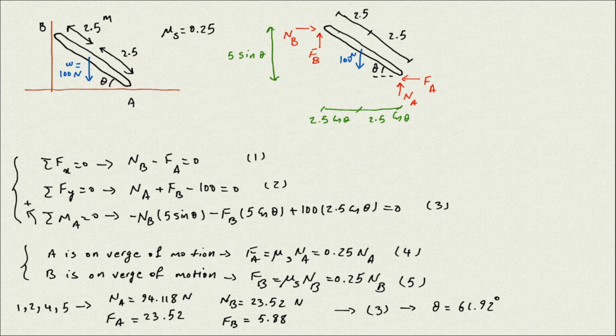Again, one more time, because all of them are on the verge of motion, for each of the friction forces we can use exactly the maximum friction force from this equation, and we substitute that. Remember, when there is motion, we have to get the direction of the friction correctly in order to get the solution right. This is the case if all the contacts start to move at the same time.